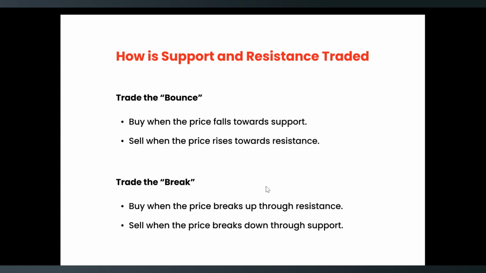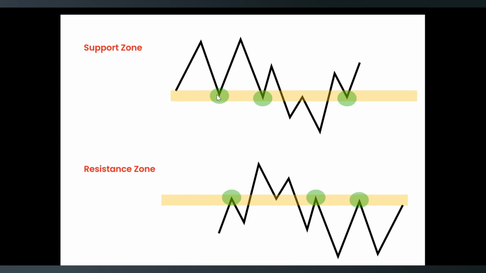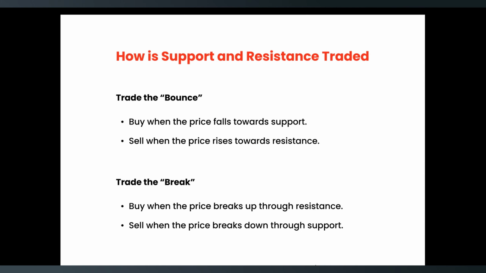To trade the bounce, buy when the price falls towards the support, like I showed you, and when the price goes up towards the resistance, then you take the sells. For trading the break, buy when the price breaks through the resistance, and sell when the price breaks down through the support. This is what I have explained using the diagram.